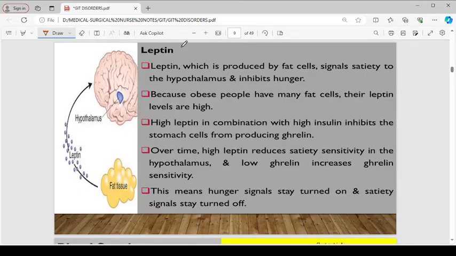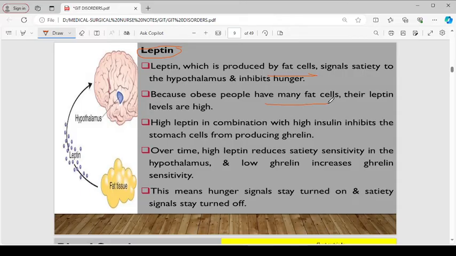The second hormone is leptin, all right? So leptin is normally produced by fat cells, and it signals satiety to the hypothalamus. When it does this, it will inhibit hunger. So we have these obese people. You find that obese people will have many fat cells, so it means their leptin levels will also be high.